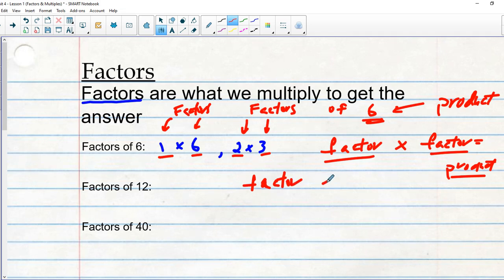So I'm gonna write it out. What number could a product be where both factors are actually the exact same number? I'll use purple. Can you think of one?